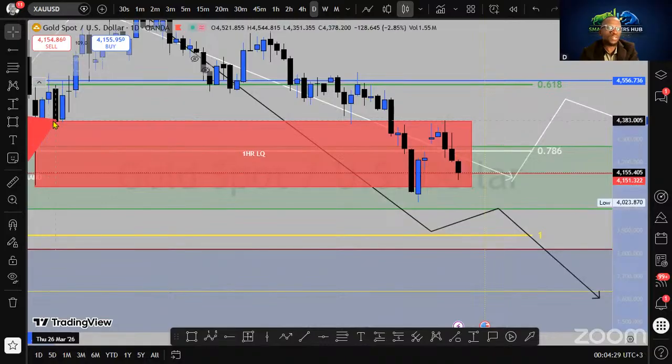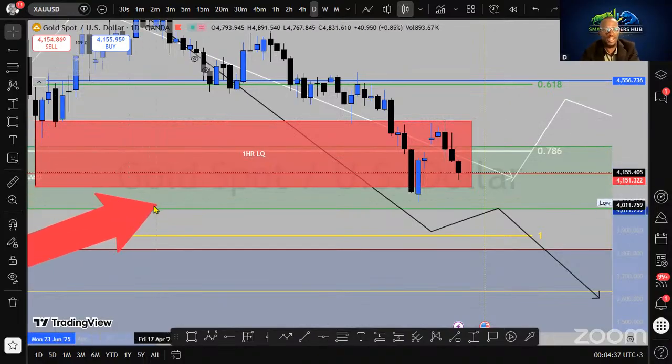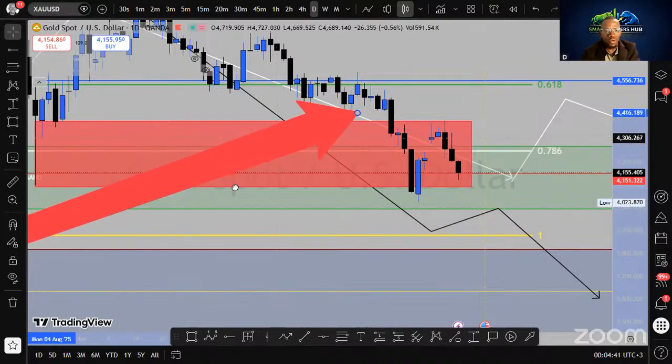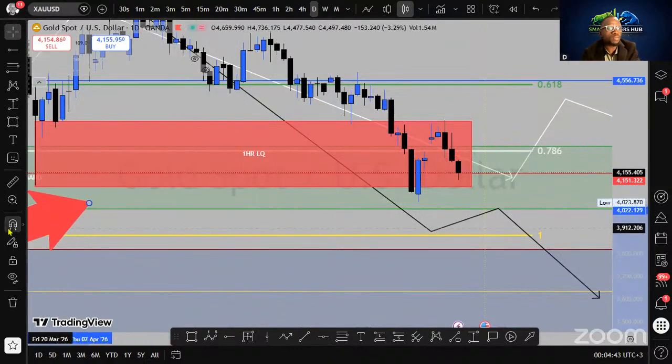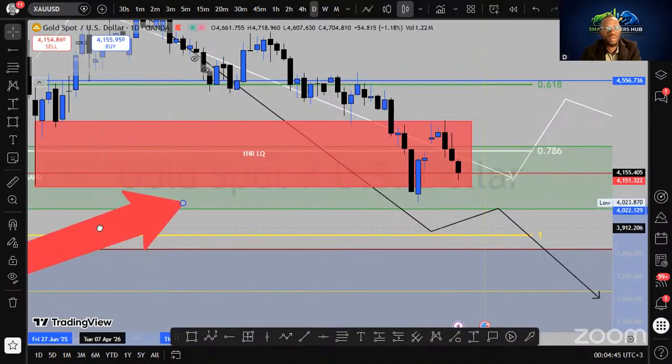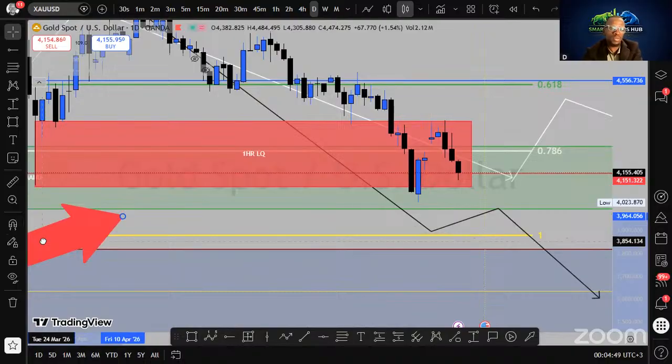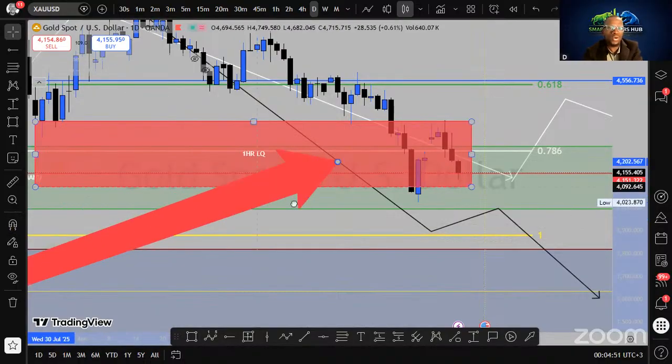A lot of people pushed their buy, and most of them placed their stop loss below here, because that is always the rule of the game. You always want to place your stop loss just a little bit below. This is why sometimes using the ATR is good to see areas where you can place your stop loss.